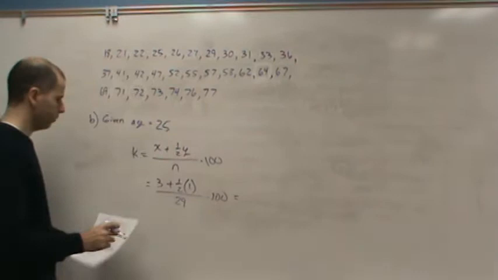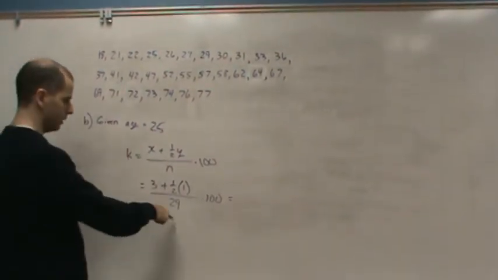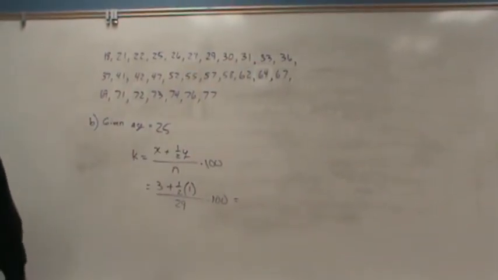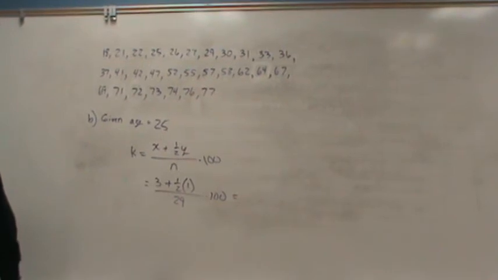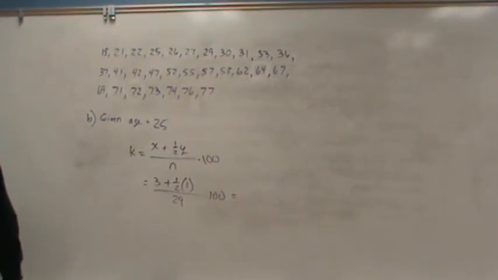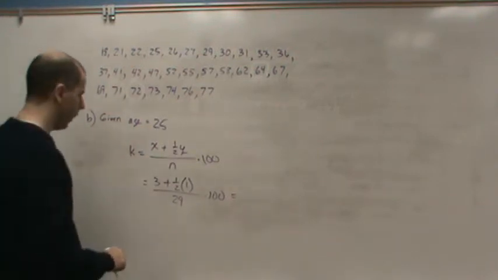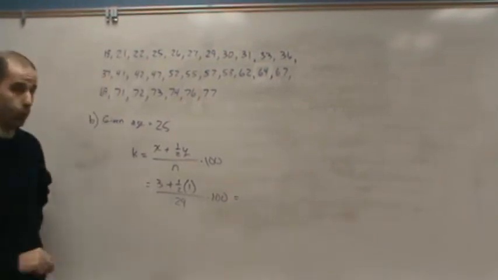And what do we get? Well, we get 3.5 divided by 29. Well, 3.5 divided by 29 times 100 equals 12.06.